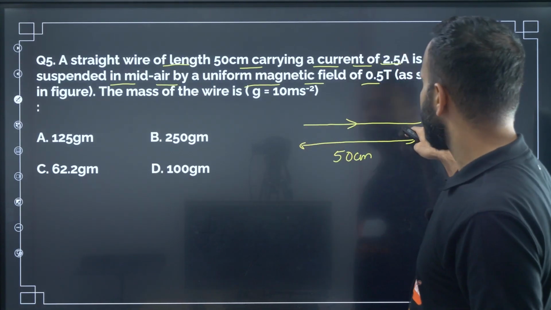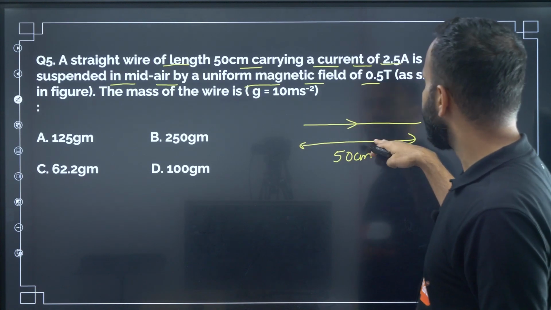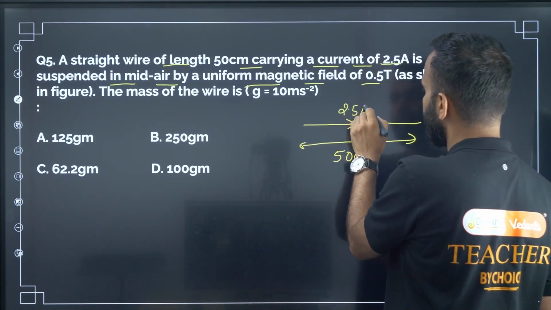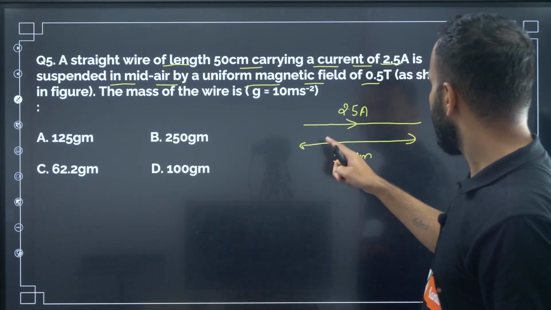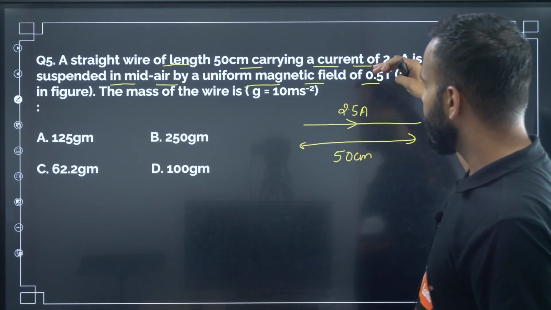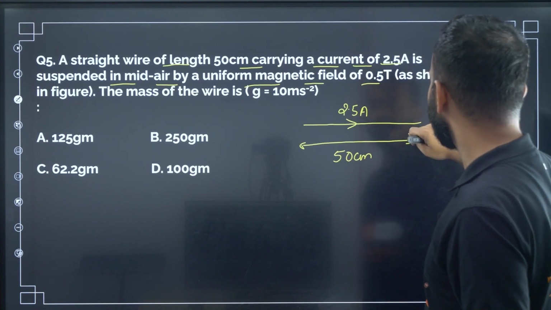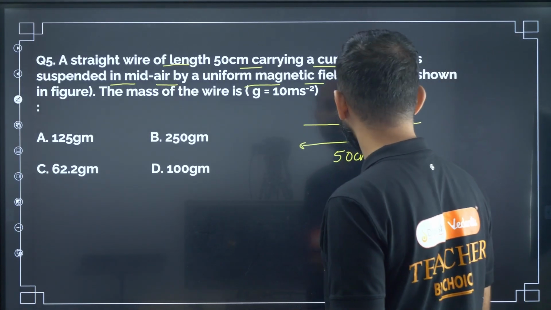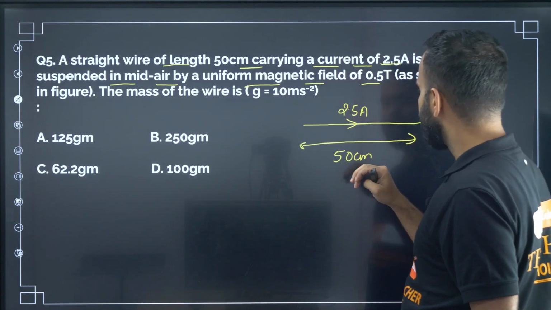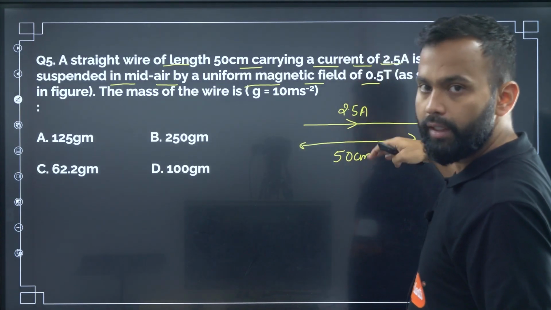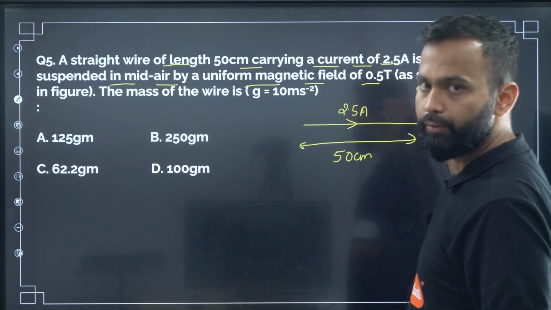So the wire carries a current of 2.5 ampere, and the direction of the current is from west to east. It is suspended in mid-air by a uniform magnetic field of 0.5 Tesla. The mass of the wire is, so it is suspended, that is, the gravitational force acting on this wire is balanced by the magnetic force, right?